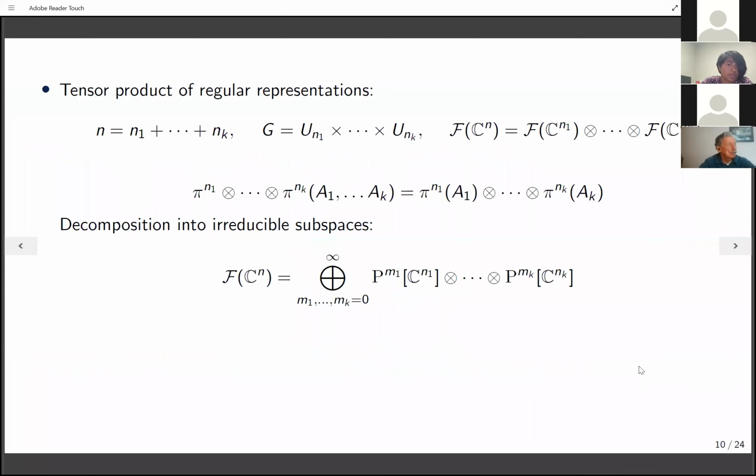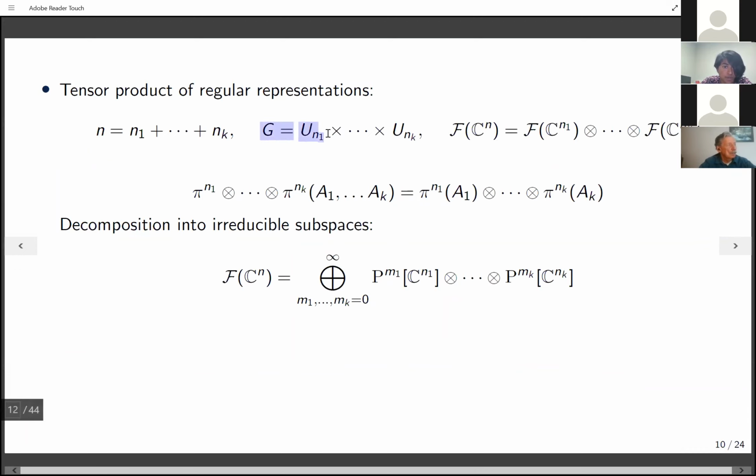Now, in our case, we have n equal to n1 plus up to nk, and our group G is U(n1) times up to U(nk), and the Fock space can be written as the tensor product of these Fock spaces with respect to our decomposition.